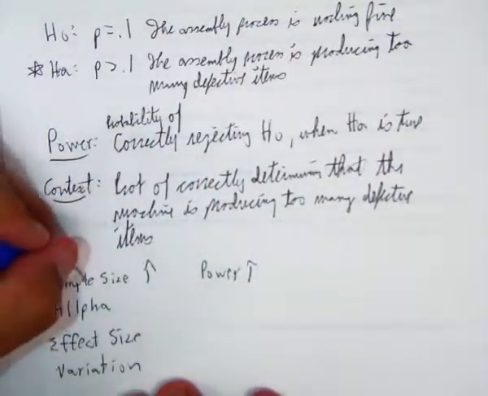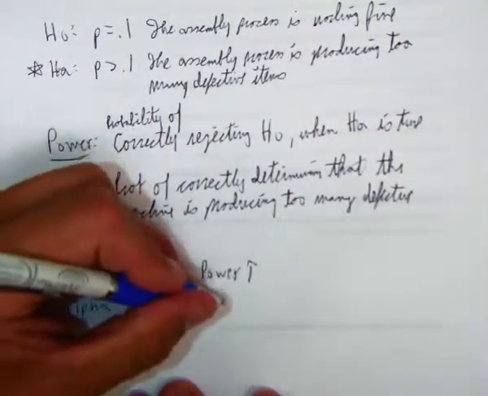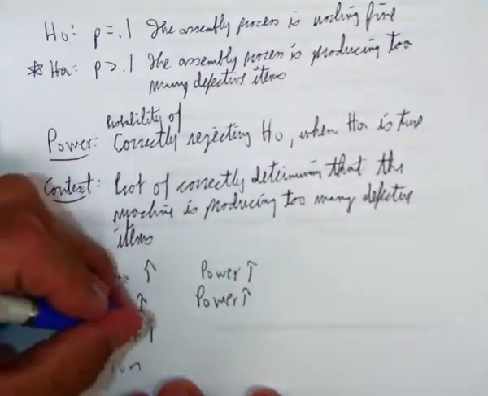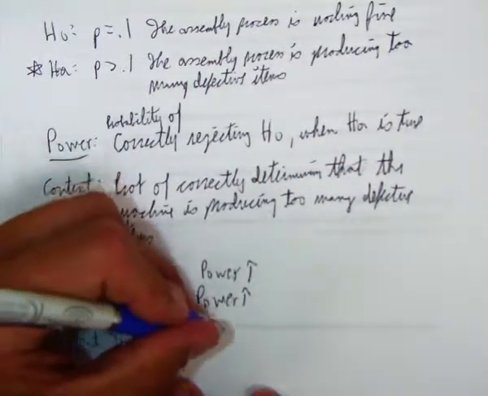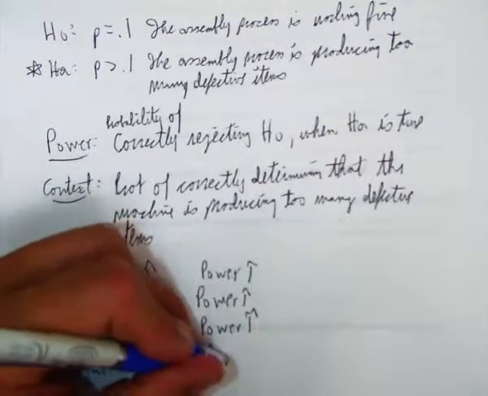More evidence to convict the guilty defendant. When alpha goes up, power goes up. Larger alpha, less proof. Effect size, the more guilty it is, the more power. And when variation increases, power decreases.